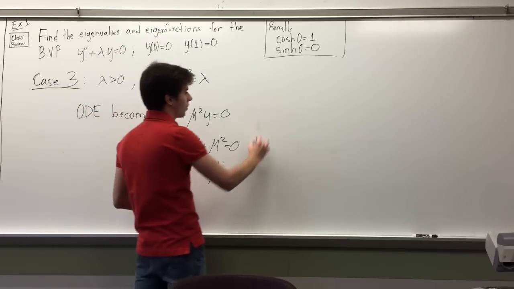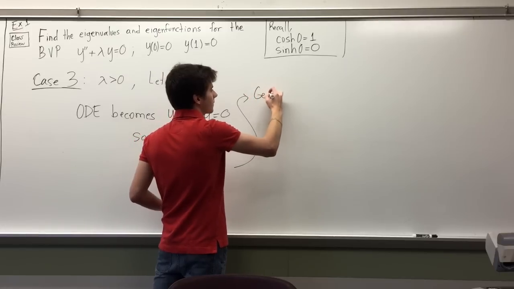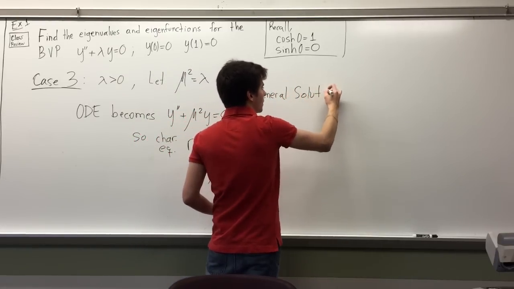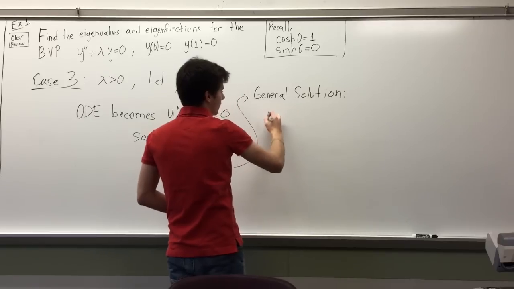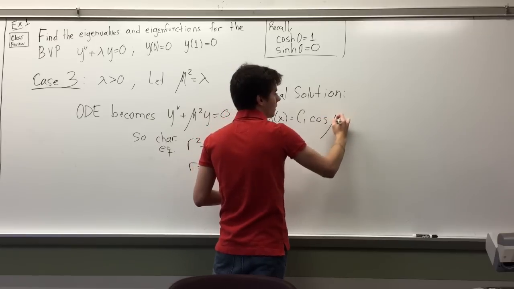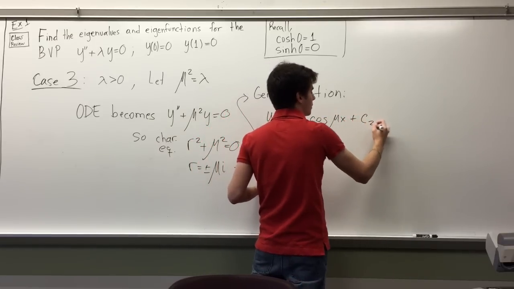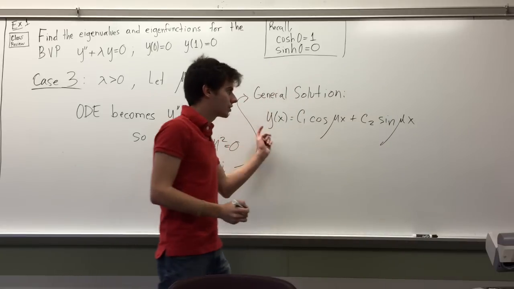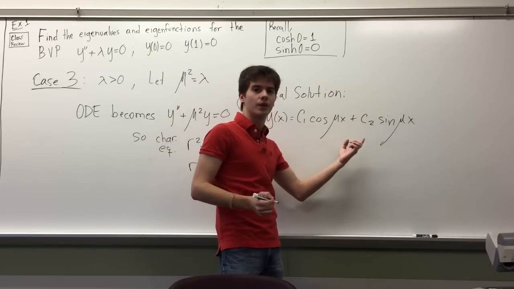So our general solution is going to be y of x is equal to c1 cosine of mu x plus c2 sine of mu x. And this is just what we've learned before.